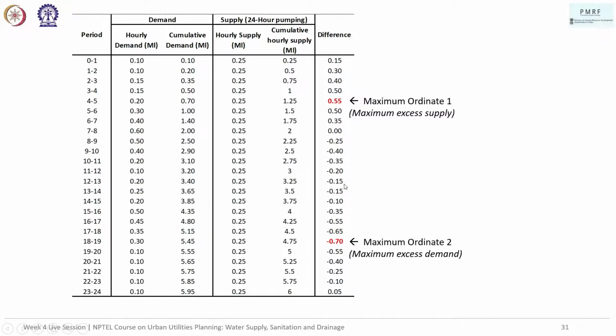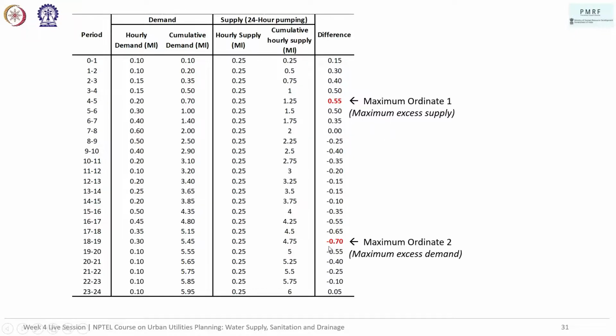So what happens is, there are time periods in the day where the city requires more water than has been supplied, and there is a time period where the city's water distribution network supplies more water than has been asked for. So this highest positive value depicts the maximum excess supply that is coming into the network, right?